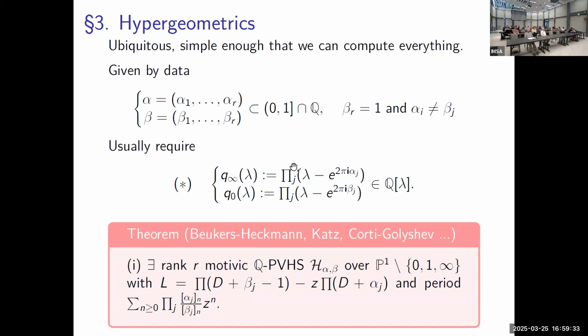But basically there exists a rank R motivic Q-polarized variation of Hodge structure H alpha beta over P1 minus 3 points, whose Picard-Fuchs operator looks like that with the alphas and betas, and has period the hypergeometric function corresponding to the indices. So here you have the Pochhammer symbols for the alpha j's over the Pochhammer symbols for the beta j's, multiplied together, and that's your power series.